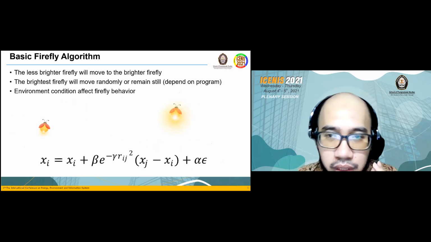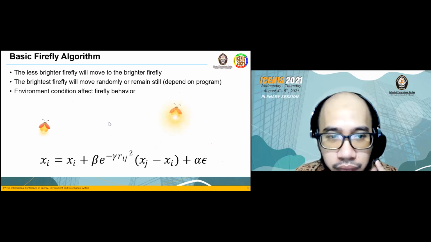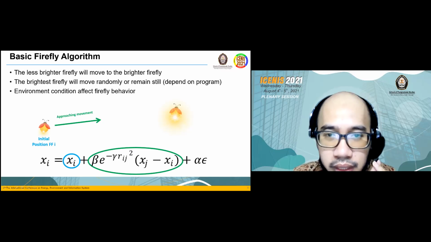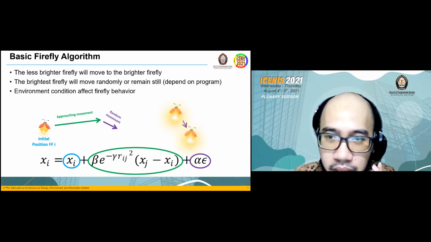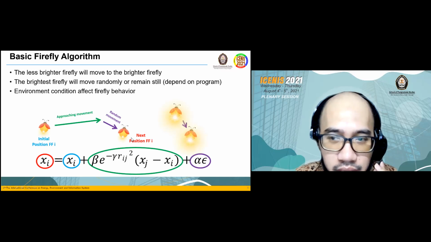In this animation, we see the firefly itself. This is the initial position. When approaching movement, there is the equation in the green circle, and there is the movement on this side. And then the position on the right side is this.